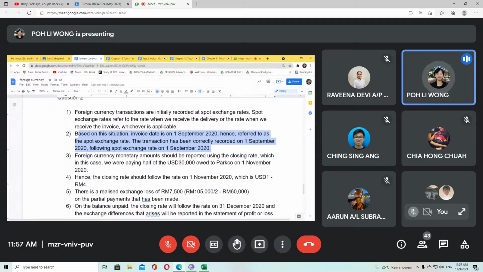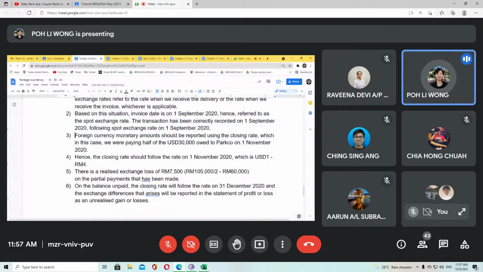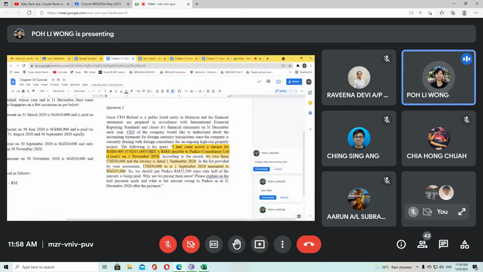The transaction has been recorded correctly on 1st September 2020, following the spot exchange rate on that date. Foreign currency monetary amounts will be reported using the closing rate. Here we are paying half of the USD 30,000 on 1st November 2020, so the rate will follow USD 1 to 4 ringgit.